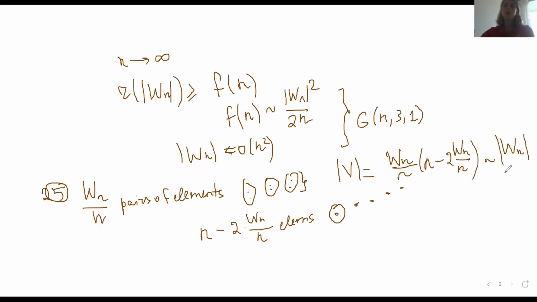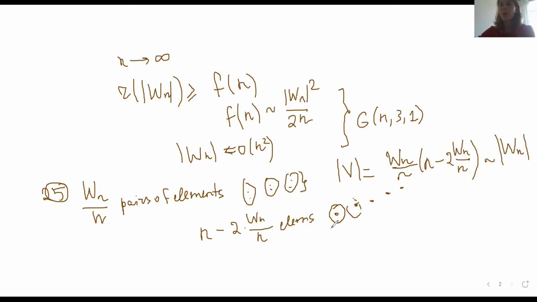It's asymptotically Wn. And now let's count the number of edges here. Which two vertices might be connected with an edge here? Only those two that have one of these elements in common and different pairs here.